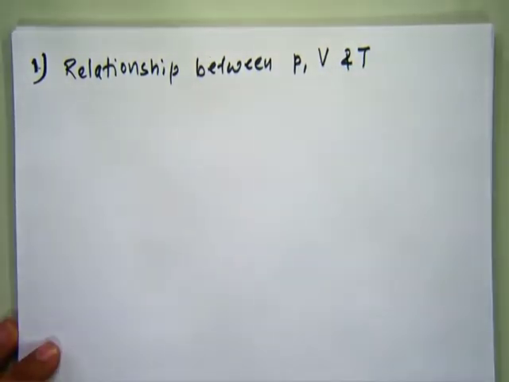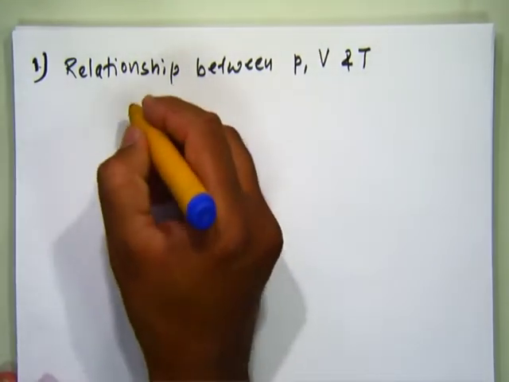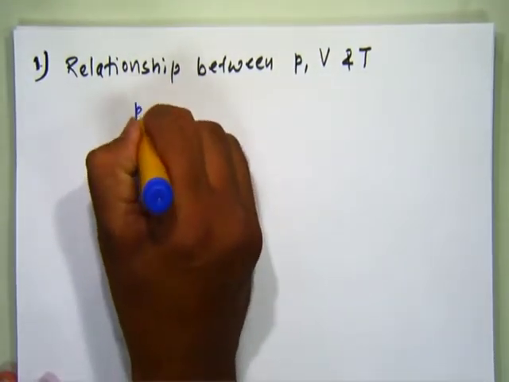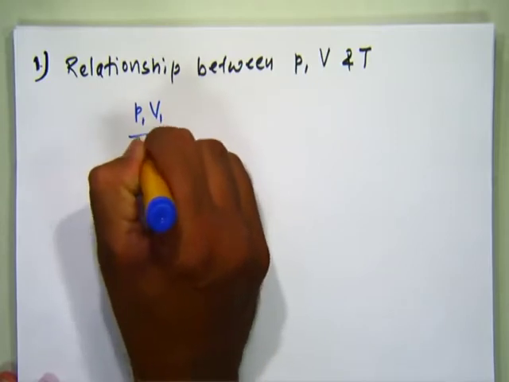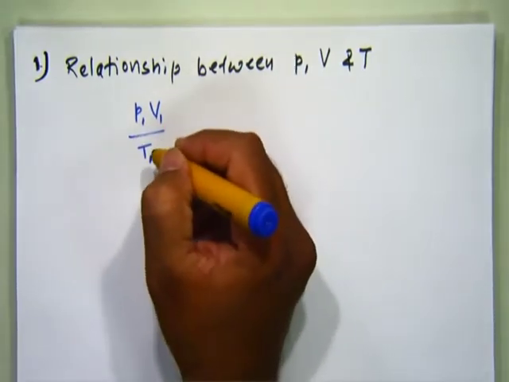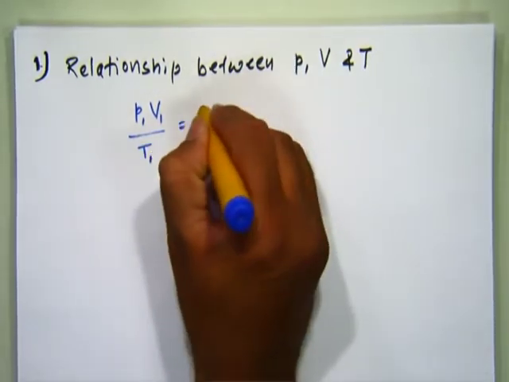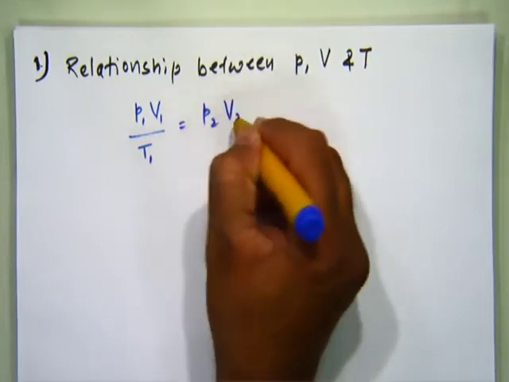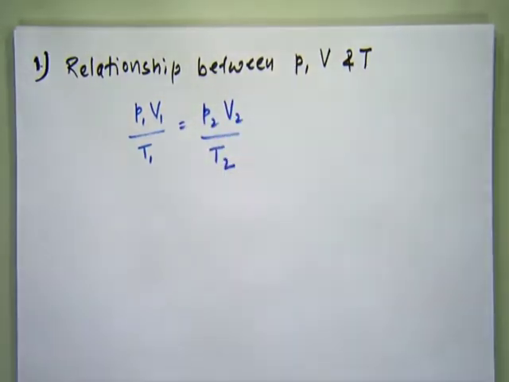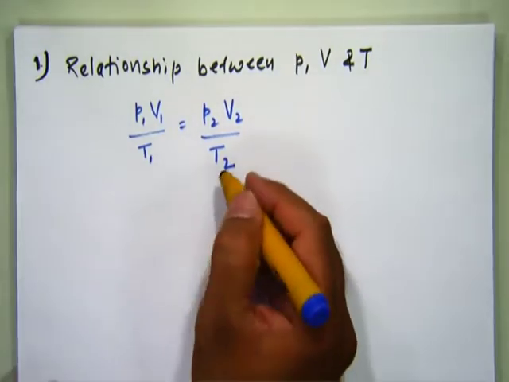You know very well that P1 V1 upon T1 is equal to P2 V2 upon T2. Right? Here it is a constant temperature process.